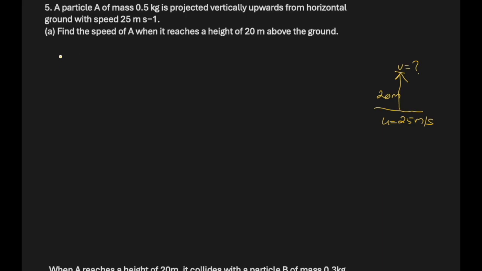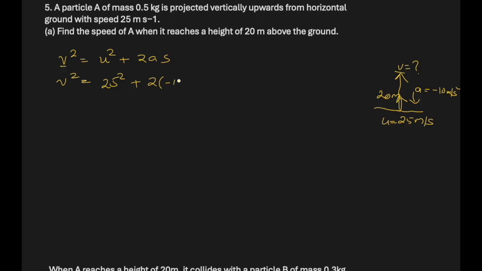So we know that V squared is equal to U squared plus 2AS. In this case, V we have to find out. U we know, 25, plus 2 times acceleration. Since we are projecting upwards, because of the acceleration downwards, it will decelerate. So 10 meters per second squared will be the acceleration we take.